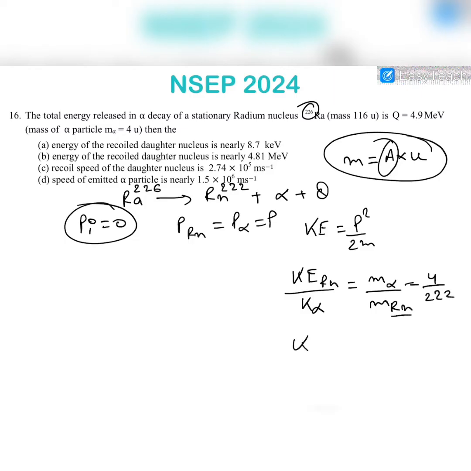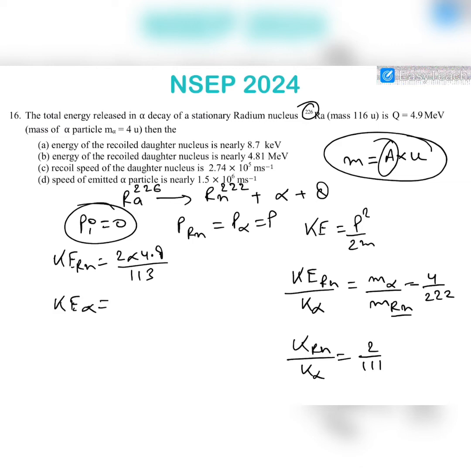So kinetic energy of radon upon kinetic energy of alpha is 2 by 111. So the total energy Q can be divided into two parts. So kinetic energy of radon will be equal to 2 into 4.9 upon 113, and kinetic energy of alpha particle will be 111 into 4.9 upon 113.